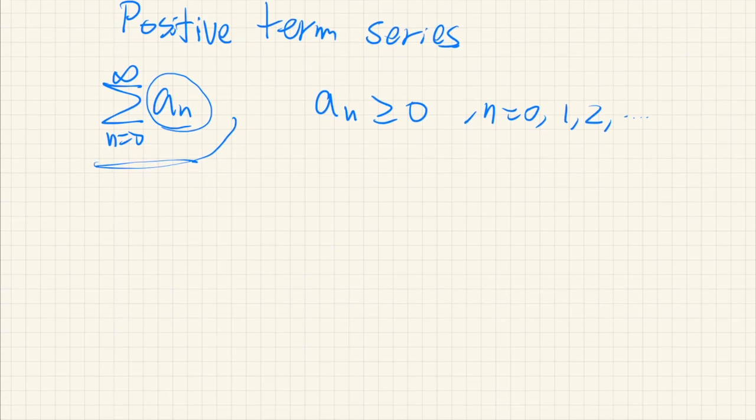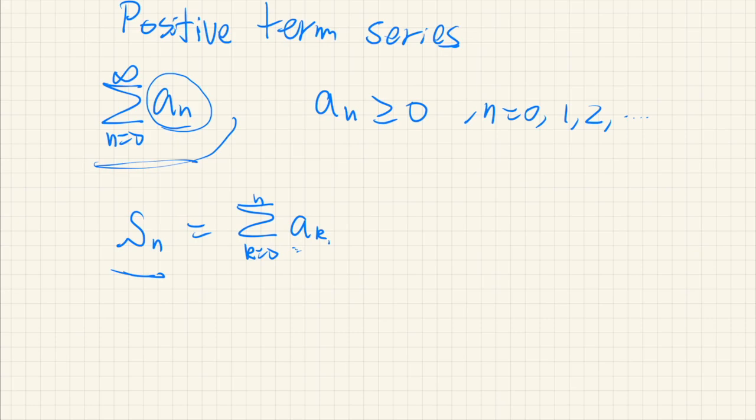Now, if we consider the partial sum of a positive term series, k from 0 to n, a_k, then since each a_k is non-negative, this is a monotone increasing, or more precisely, monotone non-decreasing sequence. So this partial sum is a monotone non-decreasing sequence, right?